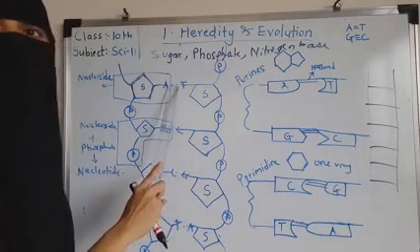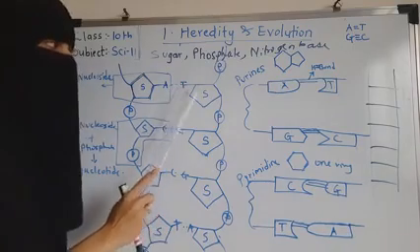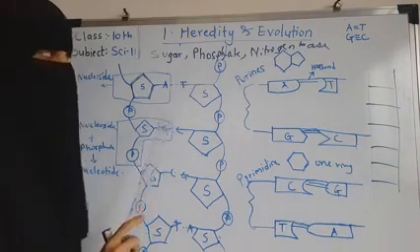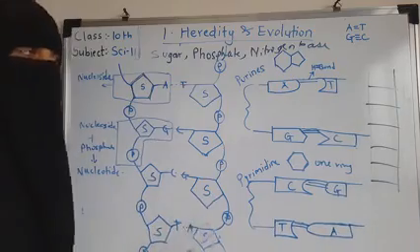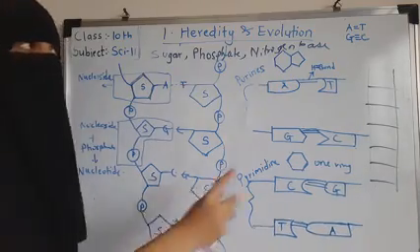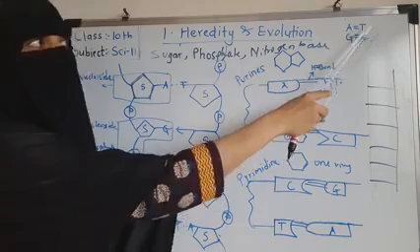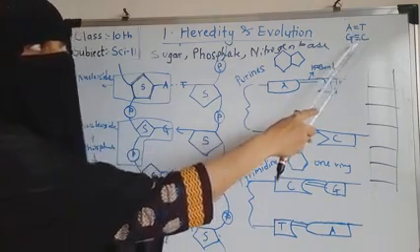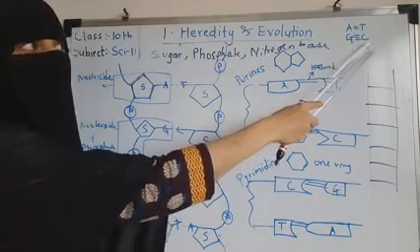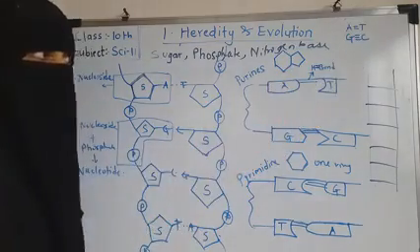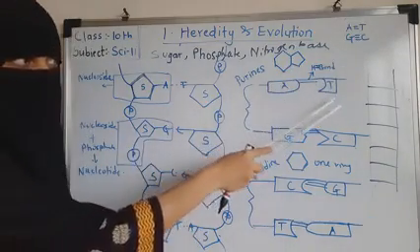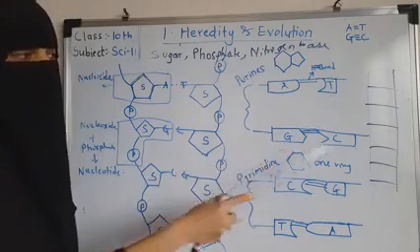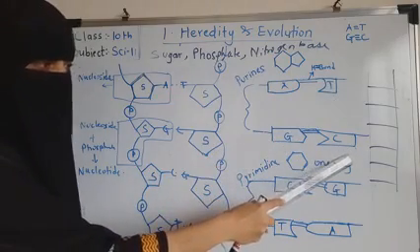This is a hydrogen bond present between these nitrogenous bases, and they bond in a particular manner. And what is that? Chargaff's rule: adenine always bonds with thymine and guanine always bonds with cytosine. This also you have done.